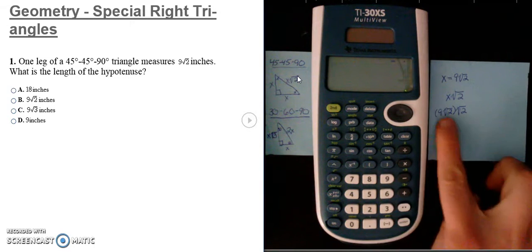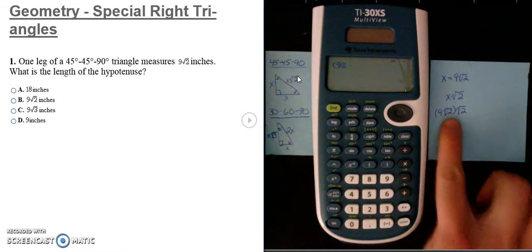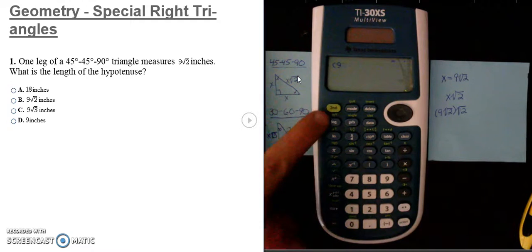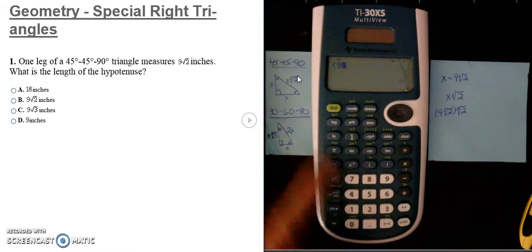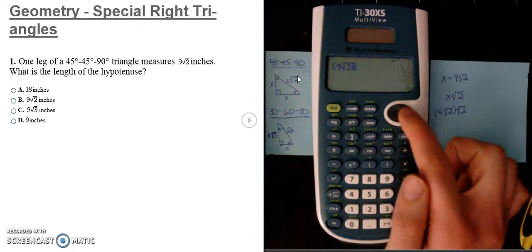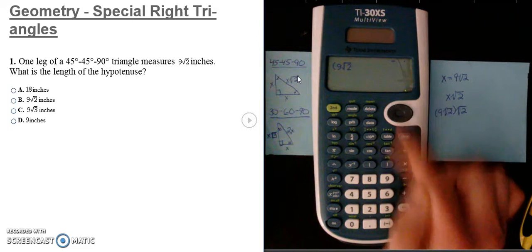So I'm going to use the parentheses for substitution. So I'm going to have parenthesis 9, and then I have a square root of 2. So I'm going to use the square root button, which is in green. So that means I'm going to have to use the second green button and then the square root button to get the square root to come up. And I have a 2 under there and nothing else. So once I have the 2 typed, I'm going to right arrow out, so I'm no longer underneath the square root.